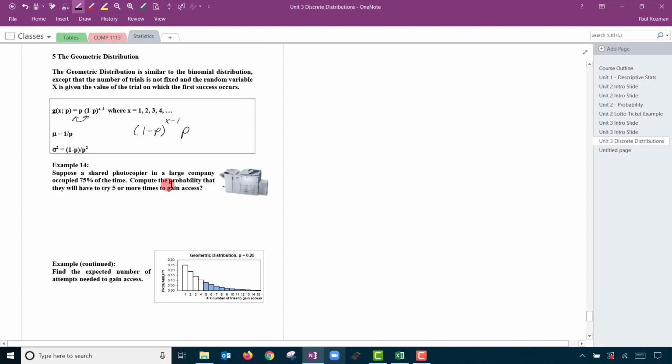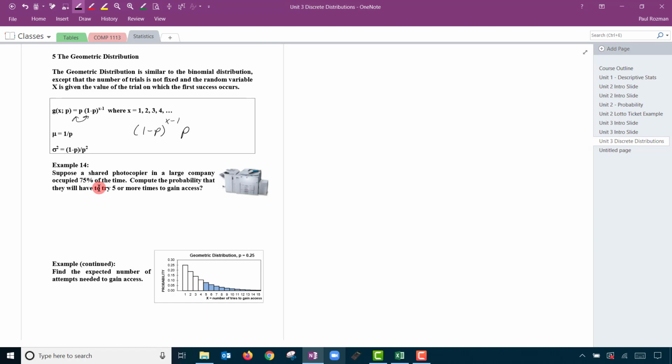We have a photocopier that's shared at BCIT, and it seems like the thing is always busy. And it's too far from my office. I can't tell if there's someone there or not. So I get all my stuff ready. I walk to the photocopier and there's someone there. So I go back to my office and do something. Then I come back a little while later and there's somebody there.